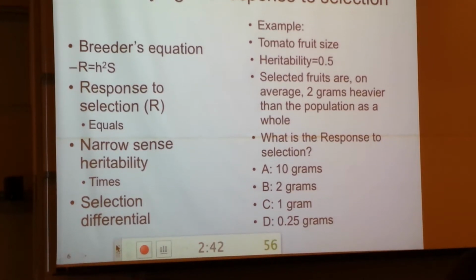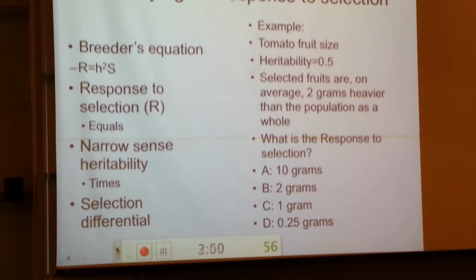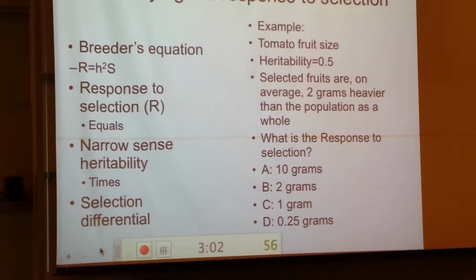H squared is the value of the narrow sense heritability, and it is 0.5. Yeah, the equation is simpler than it looks. H squared is just a thing, it's just heritability.